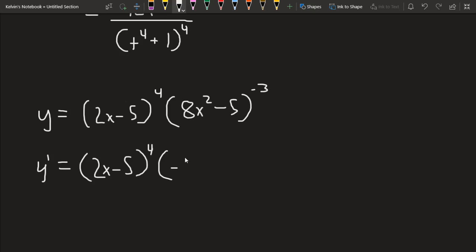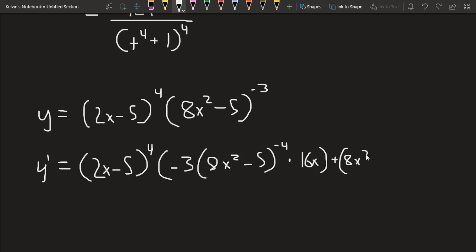So in this case, it would just be negative 3 times (8x squared minus 5) to the negative 4th, times the derivative of the inside, which is just 16x, and then plus, let's write this a little small so we can fit it all in, plus the second term, (8x squared minus 5) to the negative 3, times the derivative of the first, and this would just be 4 times (2x minus 5) to the third multiplied by the derivative of the inside, which is just times 2, like so.